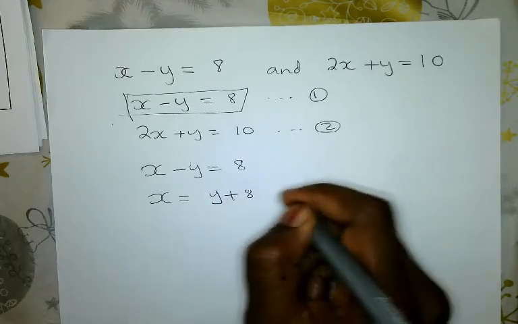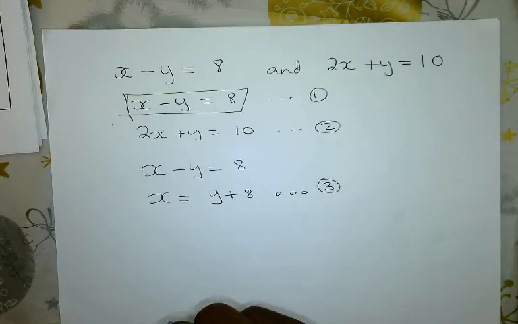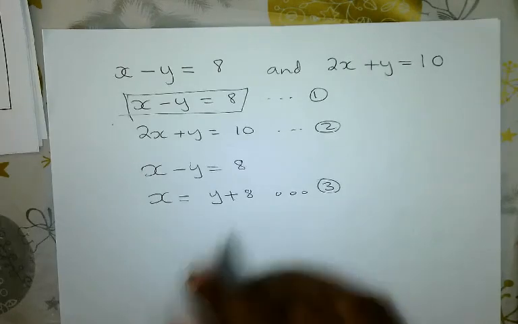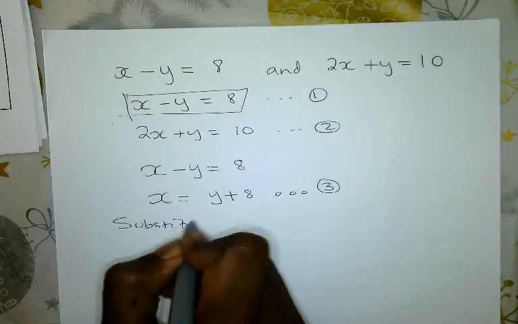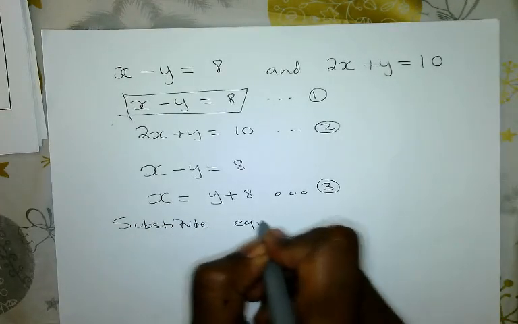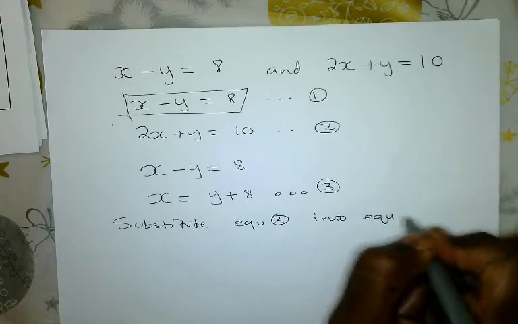Then the substitution method is where it comes into play. We're going to substitute equation 3 into equation 2. Obviously, we can't substitute it back into 1, because we used equation 1 to formulate equation 3.